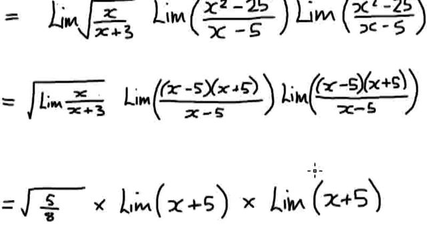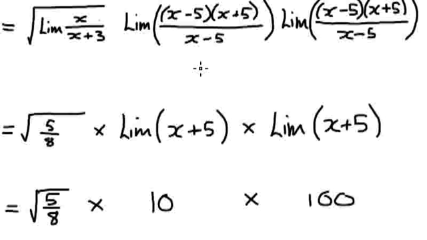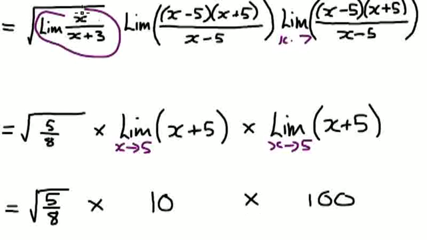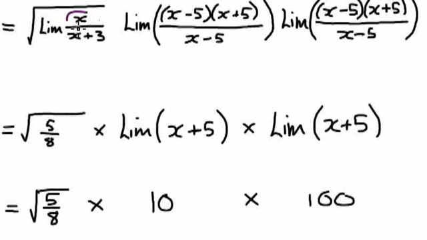Remember, we are trying to work out the limit as x approaches 5. So I should have x approaches 5 here, and up here. But anyway, the limit of this here is 5 over 8, because this bit here will be 5 and this bit here will be 8.